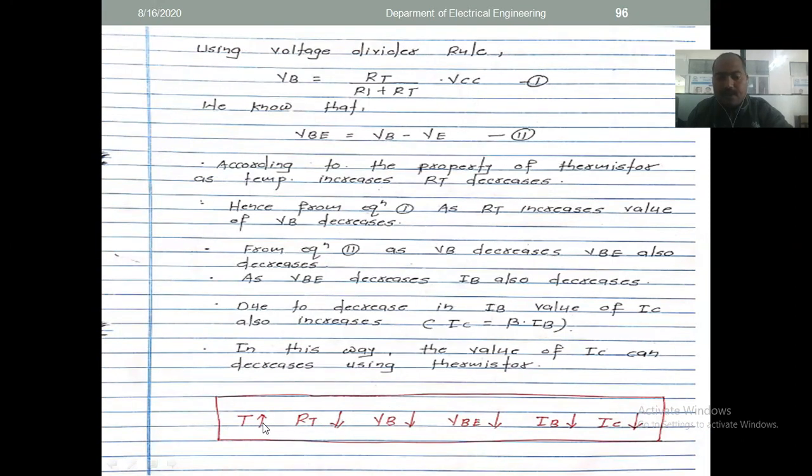Why is it so? Because in case of the thermistor, as the temperature increases, the resistance of the thermistor decreases, right?